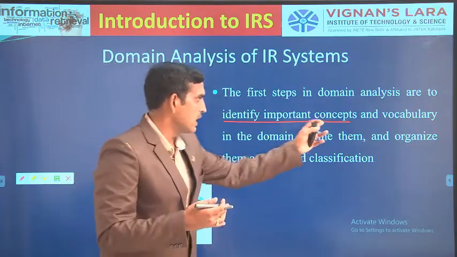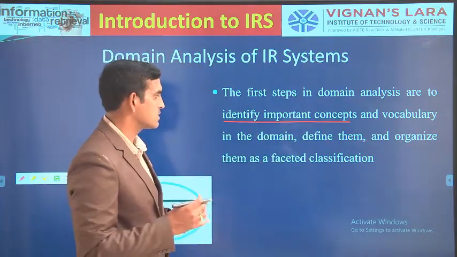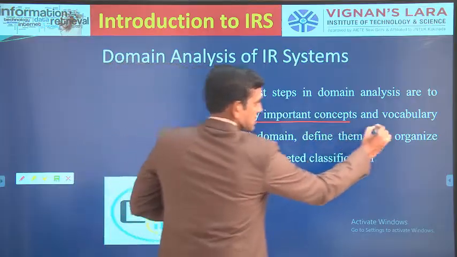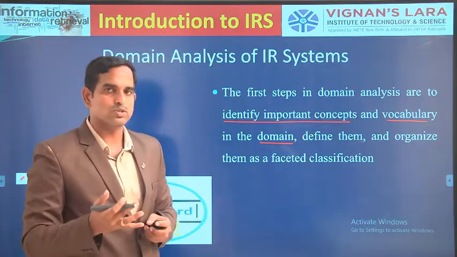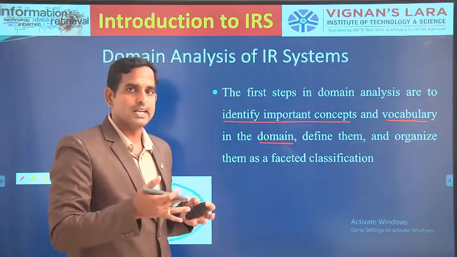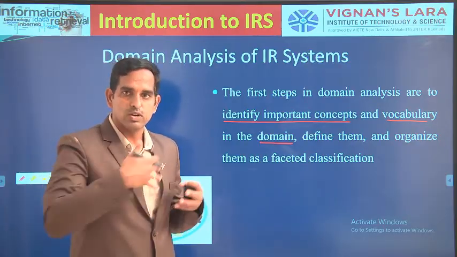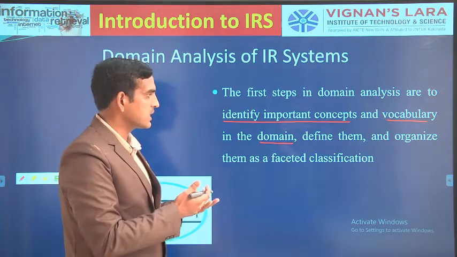Okay. So you have to identify what are the important concepts in the particular domain, and what is the vocabulary, that is, what are the terms you are going to use, and how you are going to understand the terms you want to apply in information retrieval systems.